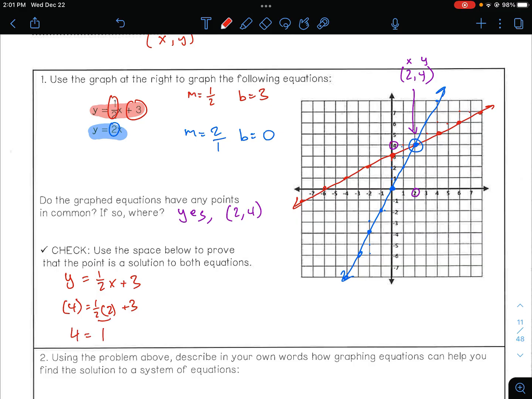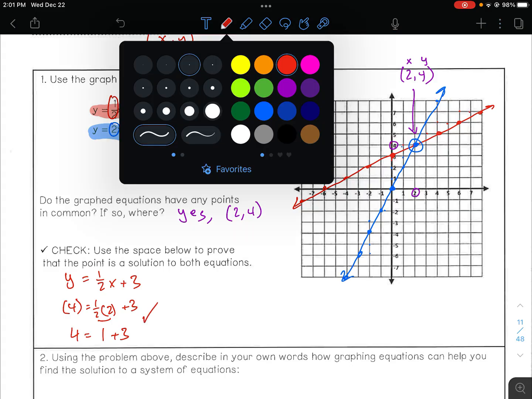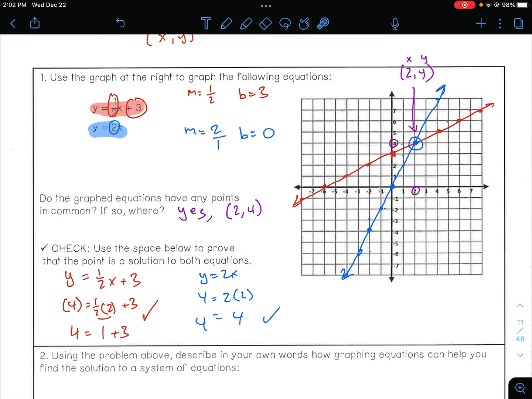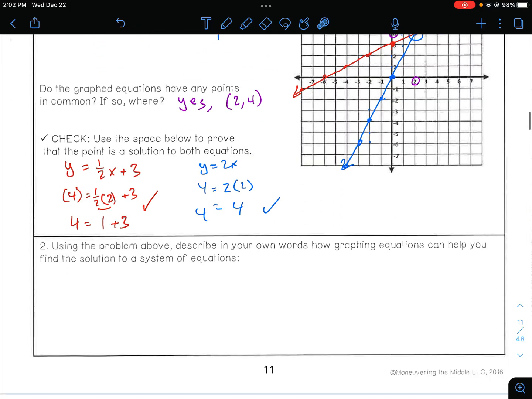So does 4 equal 1 plus 3? Yeah, it does, because 1 plus 3 is 4. So that is correct. Let's try (2, 4) for the blue equation, y equals 2x. So, 4 equals 2 times 2. Yeah, that is correct. So that does work. So (2, 4) is a solution for both equations. That's what this is saying.